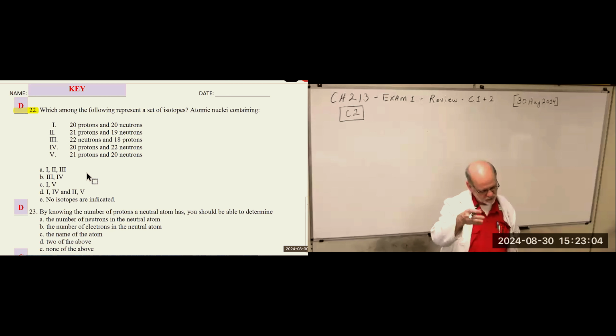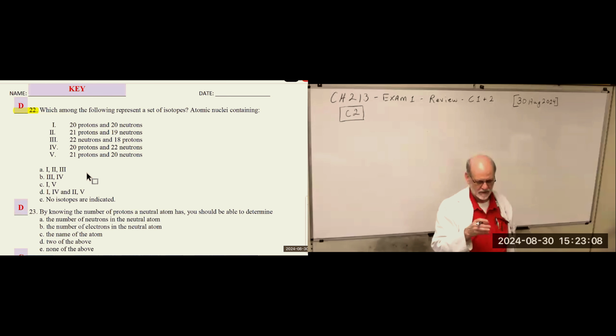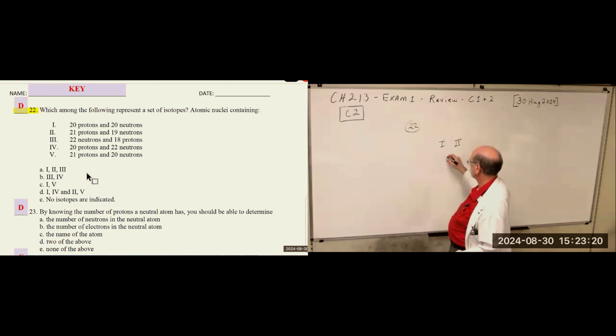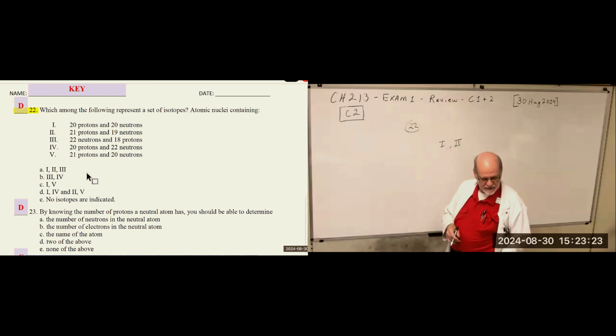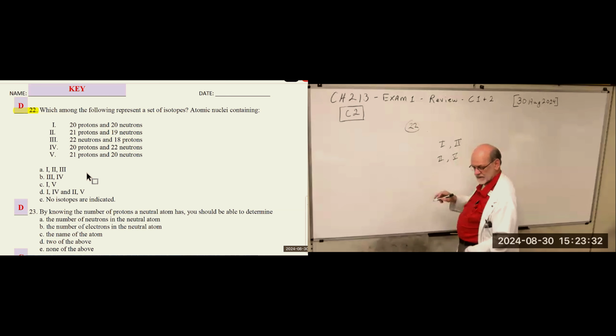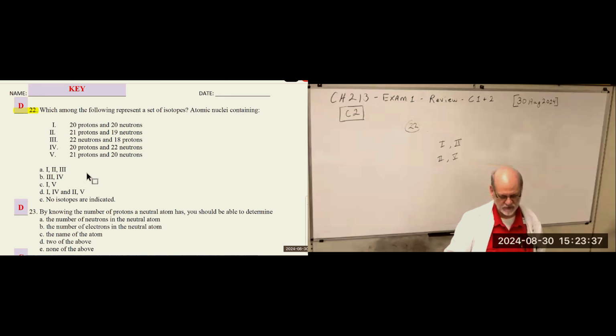So if we look at Roman numerals 1 through 5, which ones pair up with protons? 1 and 4 with different neutrons, same protons. So 1, let's see, this is 22. 1 and 4, right? And 2 and 5, 21 protons each with different neutrons. And then 3 is left out in the cold because there's nothing to match 22.